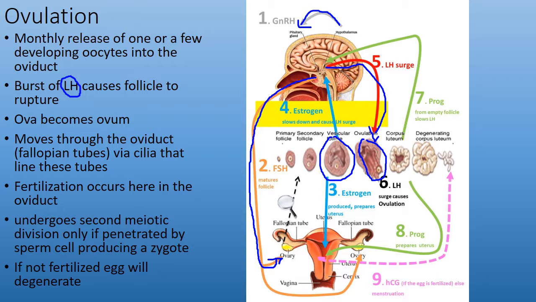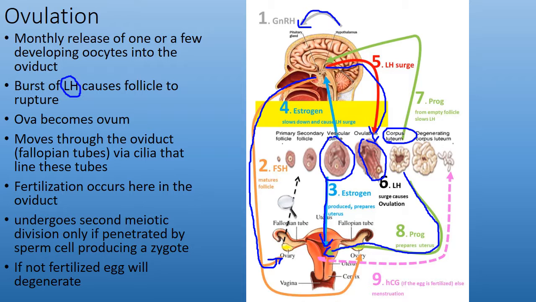Now, the follicle, as well as other endocrine glands, will secrete estrogen to prepare the uterus for fertilization. When this occurs, the mature follicle that has ruptured will develop into what's known as a corpus luteum. This corpus luteum will release estrogen and progesterone to develop the uterus for implantation of the egg and pregnancy.